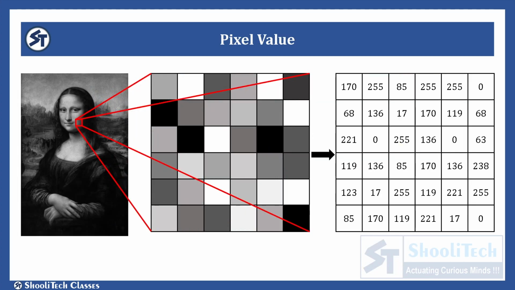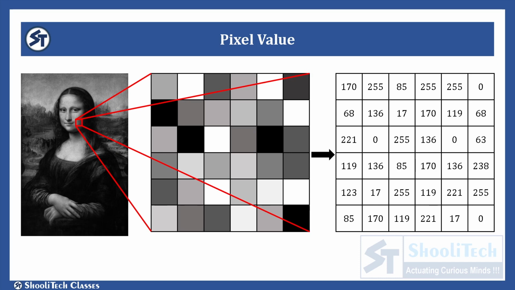And now let's see how the values of pixels are stored in a computer system. We know that in a computer, everything is stored in its digital form, right? So the value of a pixel is also stored in its digital form, meaning numbers, and each of the pixels that represent an image stored inside the computer has a pixel value, which describes how bright the pixel is or what color it should be.